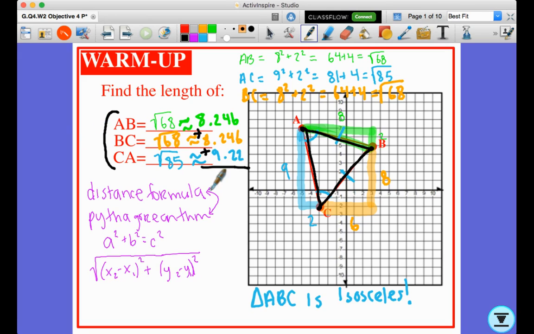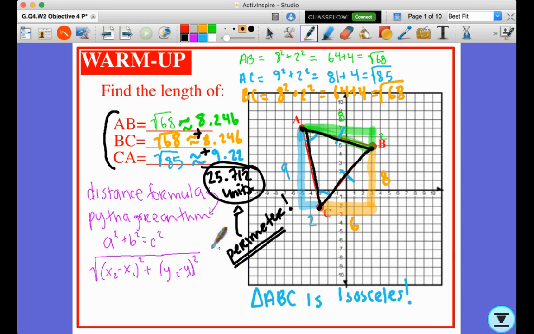If we add 8.246 plus 8.246 plus 9.22, we get 25.712 units, which is more accurately known as the perimeter of this triangle.